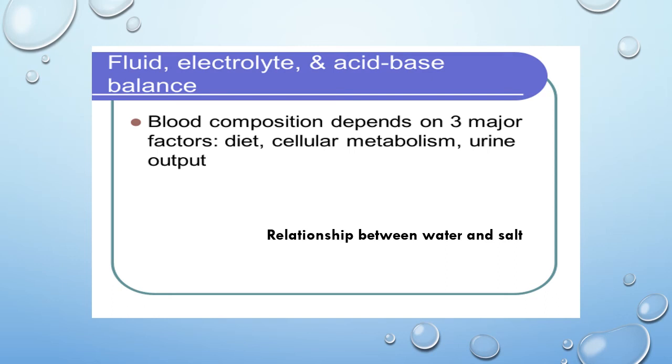Kidneys play a vital role in these three things to sustain survival, because they must excrete those nitrogenous wastes. They also must maintain water and electrolyte balance in the blood to ensure proper pH.